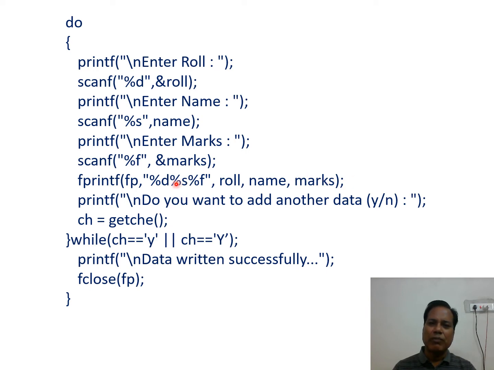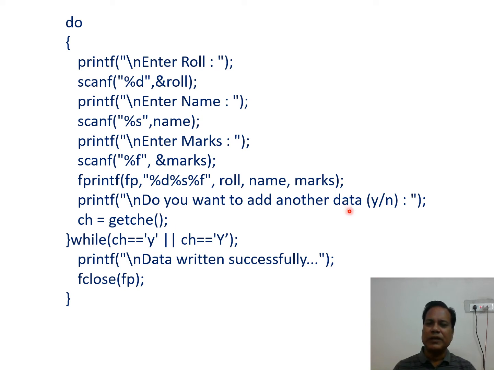So in this way, mixed data are printed in the file pointed to by the file pointer fp. The next statement is printf "Do you want to add another data? Yes/No".